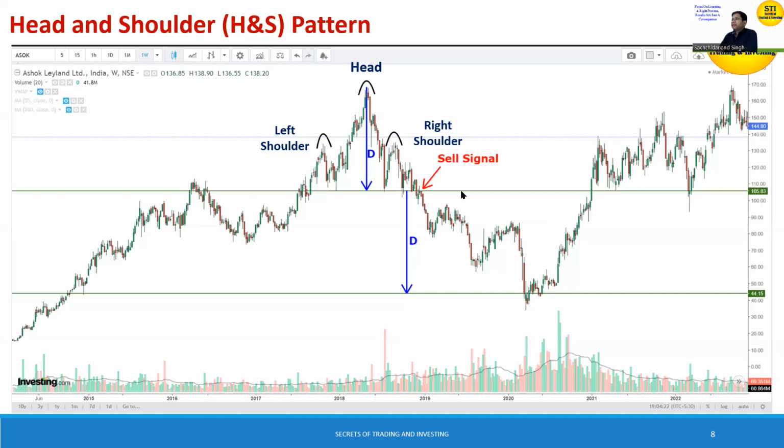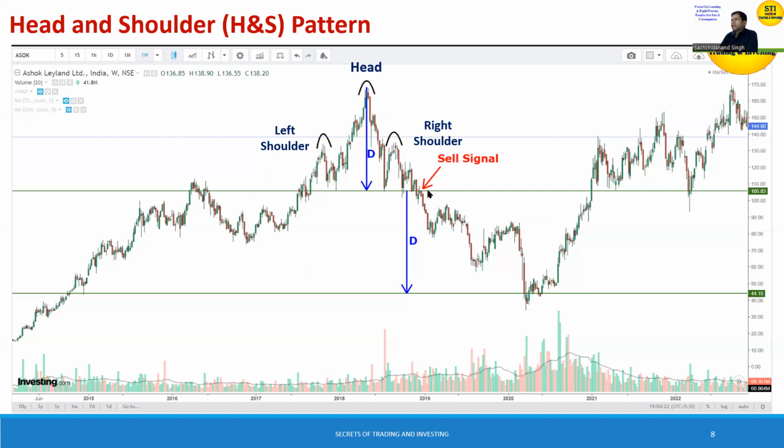A vertical drop from the topmost level down to this neckline is called the depth of the head and shoulder pattern. Normally that is the first target. If the price movement is happening from the topmost point, in the head and shoulder pattern, the distance from the head to the neckline is the first target.